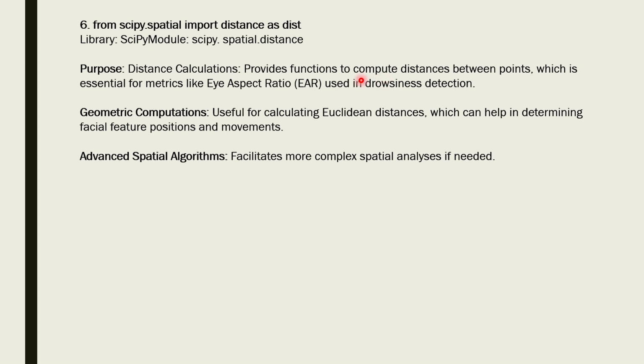It provides functions to compute the distance between points, like the Euclidean distance. Once we have extracted features like the eye from the face, we want to calculate the distance between the vertical and horizontal parts of the eye. This will help us determine whether the eye is blinking or open.